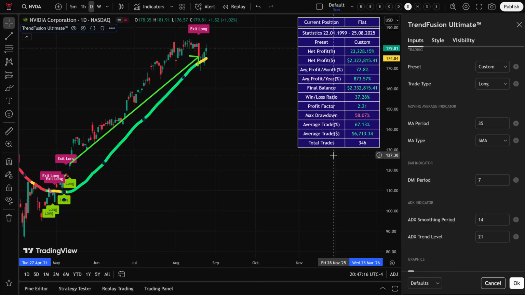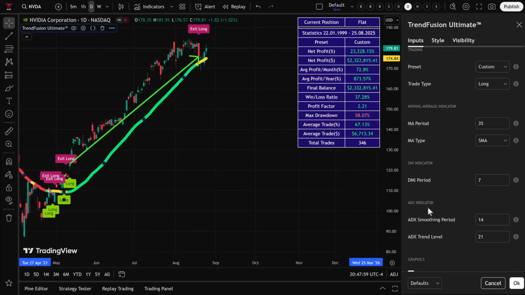Let's take a look at what we have on this chart. We have NVIDIA stock and we have the TrendFusion Ultimate indicator applied on this chart. This is the configuration of this indicator. We have moving average indicator settings, we have DMI indicator settings, and we have ADX indicator settings. The magic happens when all 3 align.